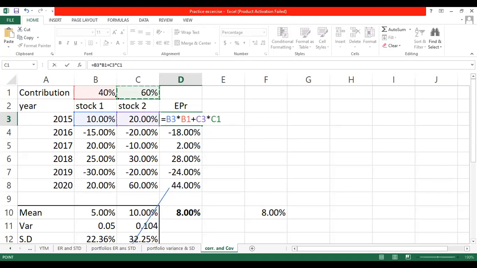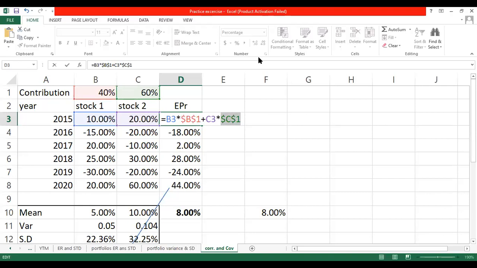Now do remember the weight of stock 1 and stock 2 will be fixed for the rest of the years as well. So what I'm going to do, I'm going to select the 40% value cell and then press F4. F4 से क्या हो रहा है कि इस सेल को मैं फ्रीज कर रहा हूँ because I will use that cell in the rest of my calculation. Same for the second weight.